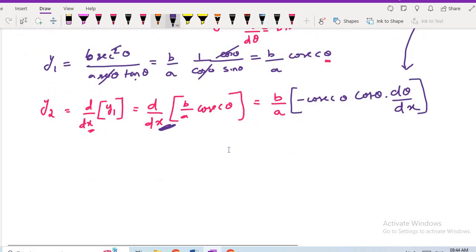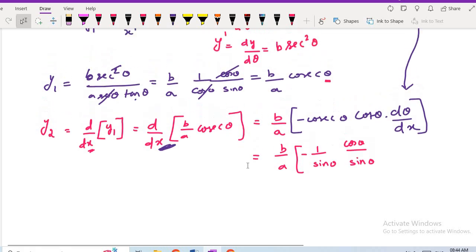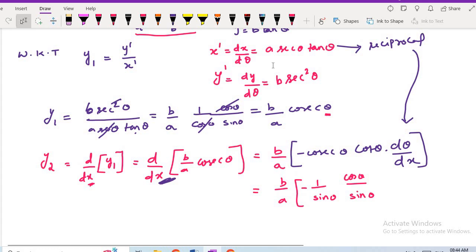So here we can substitute these values. b divided by a cosecant theta can be written as 1 divided by sin theta, and then cot theta can be written as cos theta by sin theta, and then the above value dx by d theta, the reciprocal of a secant theta tan theta. Okay, so reciprocal means you have to write 1 by a secant theta tan theta.